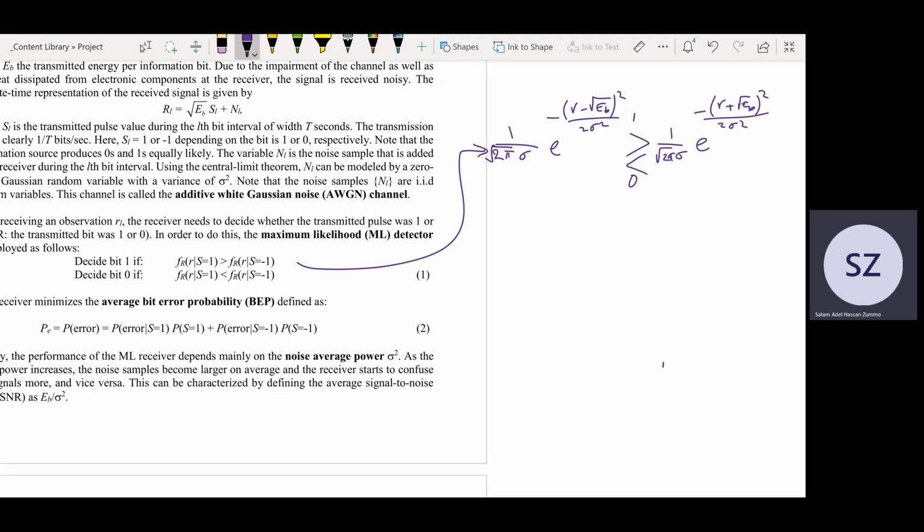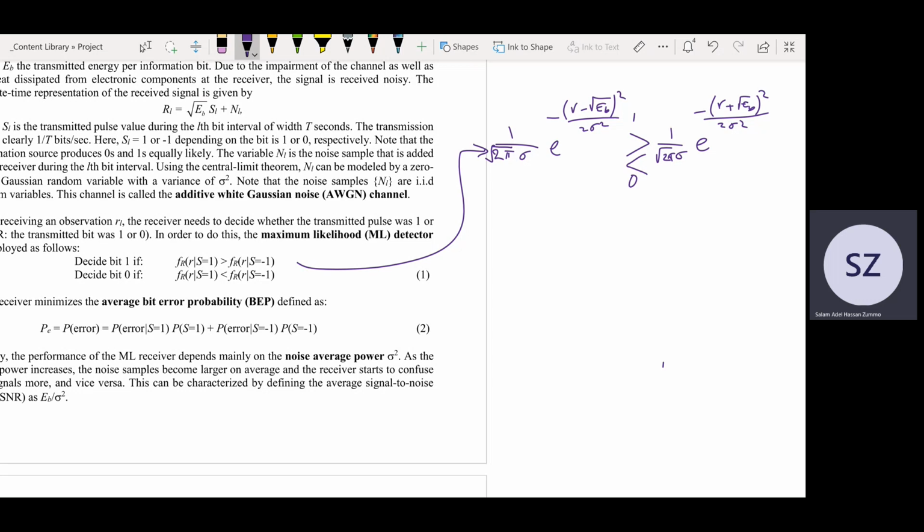No, it will not cancel. When you take the log, the constant will come out of the log, okay? And you will have R squared minus 2R square root of EB plus EB, whereas here you will get R squared plus 2R square root of EB plus EB. They will not cancel.